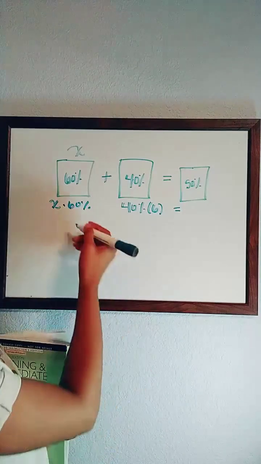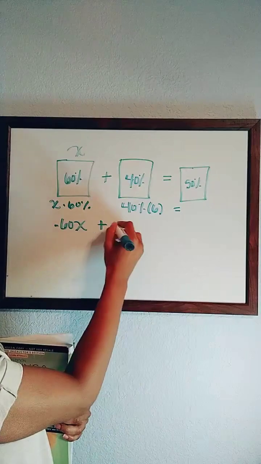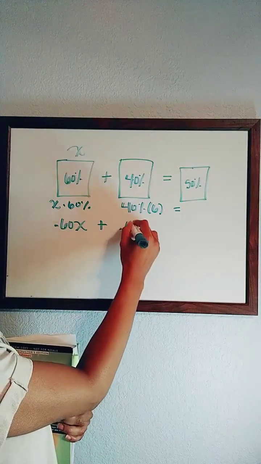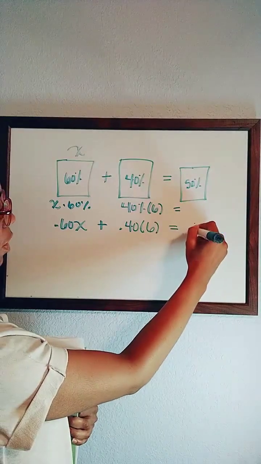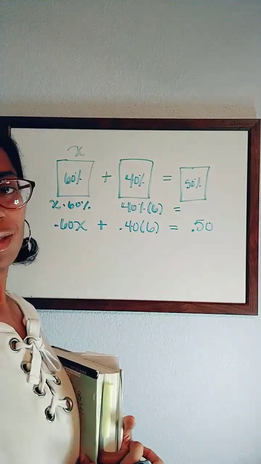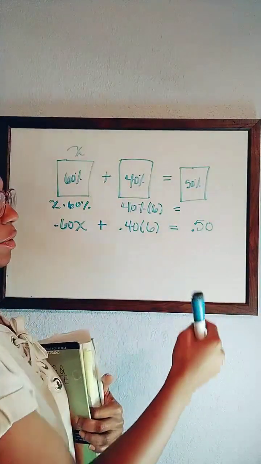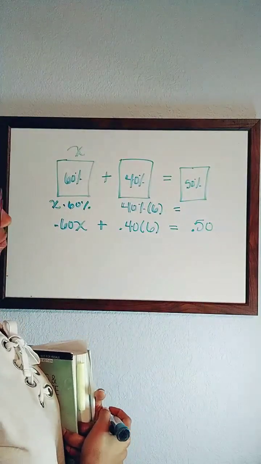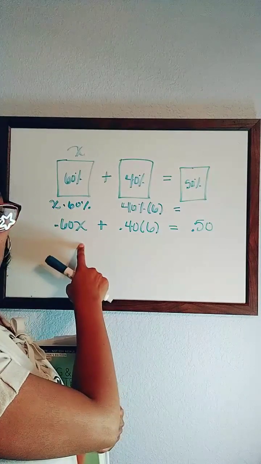So this would be 0.6x plus 0.4 times 6 is equal to, let's see, yeah, I don't know. I don't have a total here at the end to do my subtraction.